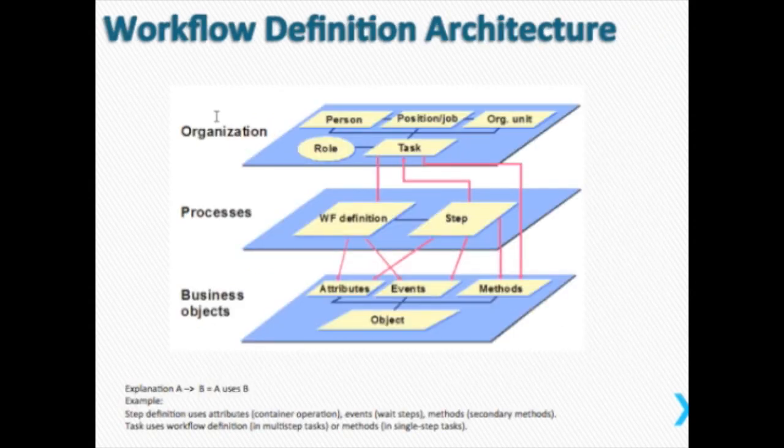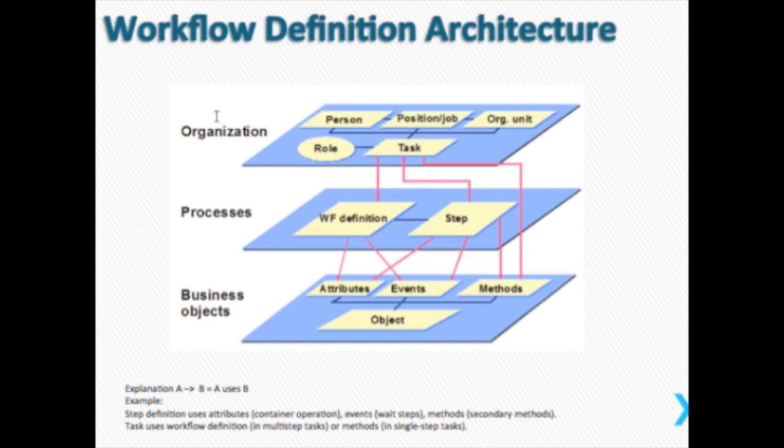Let's look at this workflow definition architecture. In this screen, we are trying to show which one can be used, which method. If you take the process section where you have a workflow definition or step, the workflow definition can be a combination of steps.